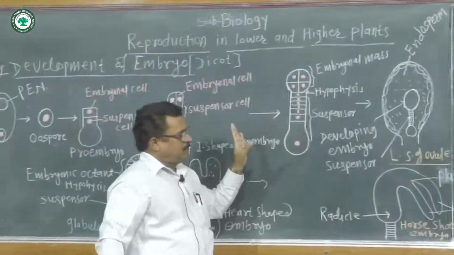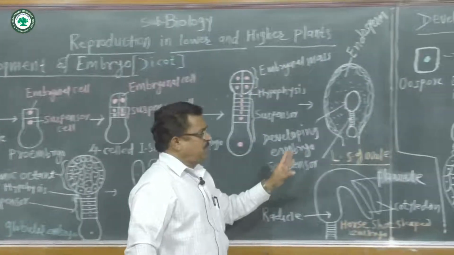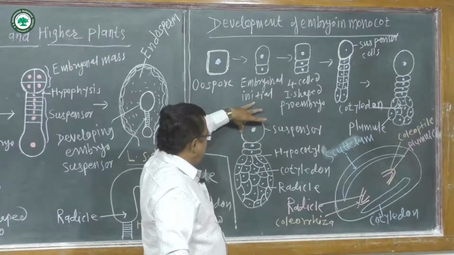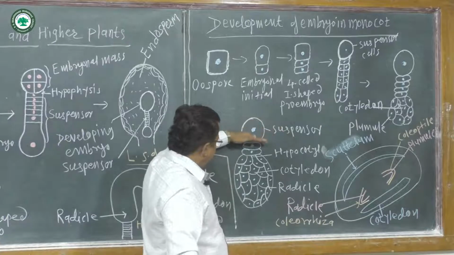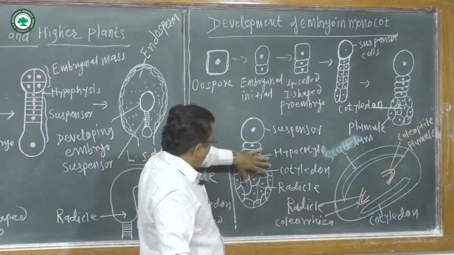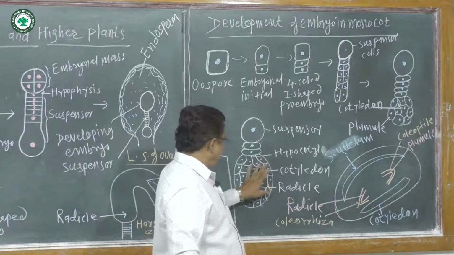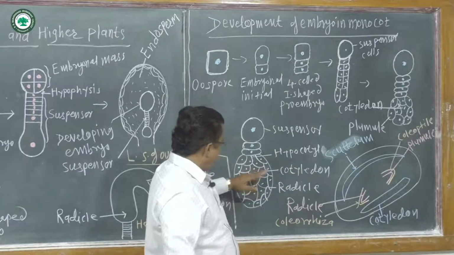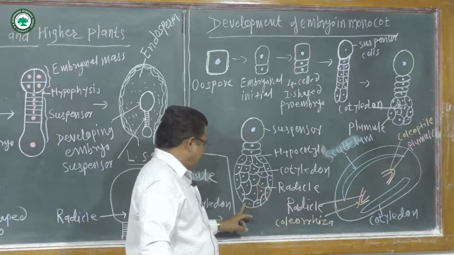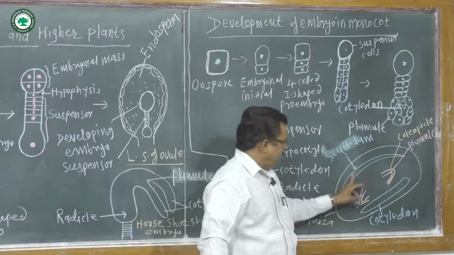Up to the octant stage it is similar in both, but the difference is that in monocot the suspensor cell divides and forms two cells, and from the terminal cell the embryonal mass of cells is formed, which differentiates into the radicle, the cotyledon, and the shield-shaped scutellum.